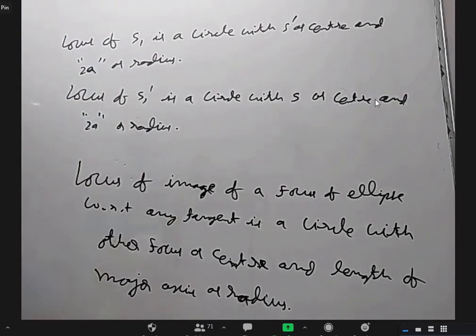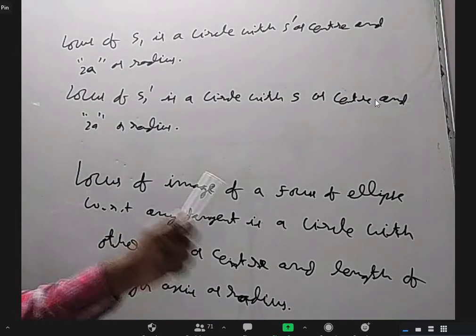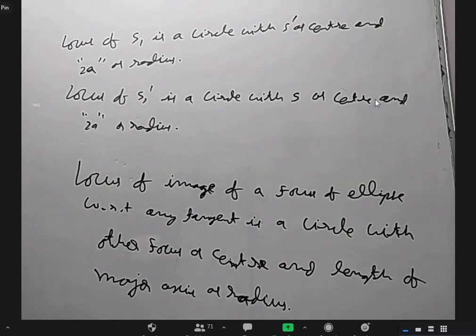Both these combined as one statement, we can say this. Locus of image of a focus of ellipse with respect to any tangent is a circle with other focus as center and length of major axis as radius.